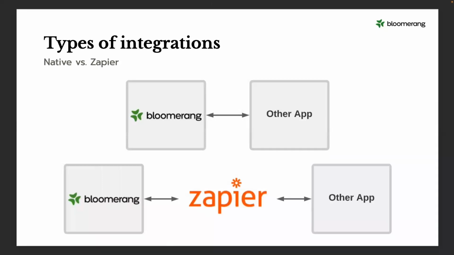When we talk about Bloomerang integrations, there are really two types that we want to differentiate between: native integrations and custom integrations using Zapier. Native integrations, we often call them direct integrations, are built within your Bloomerang software. These are the most user-friendly form of integration because they offer a standardized sync of data between two systems.